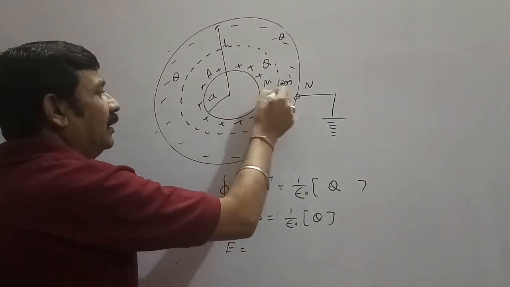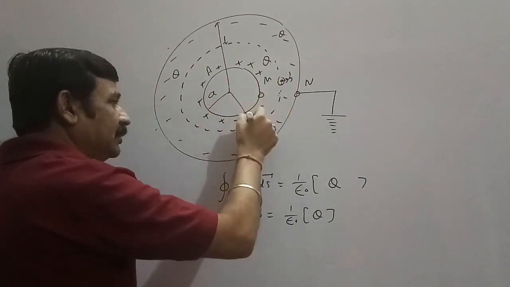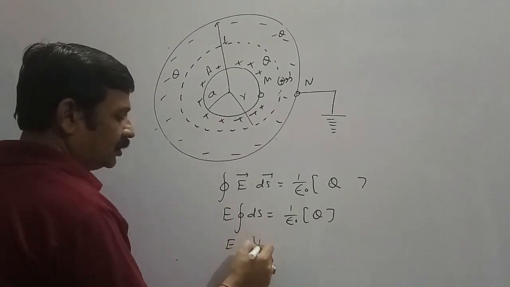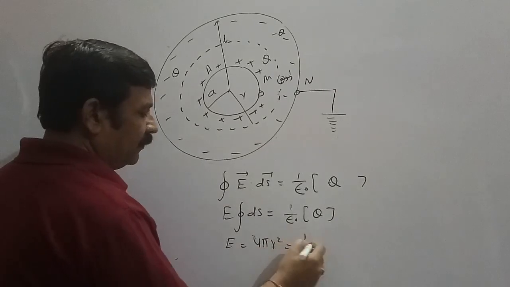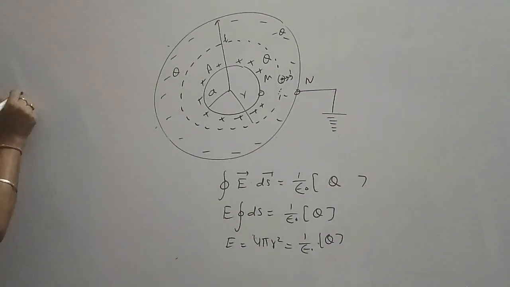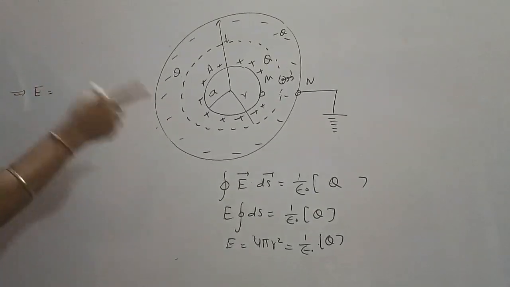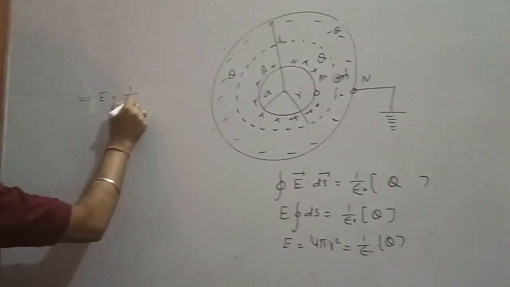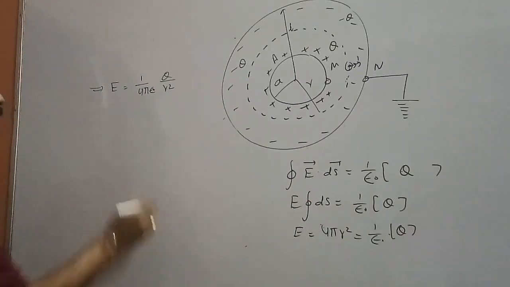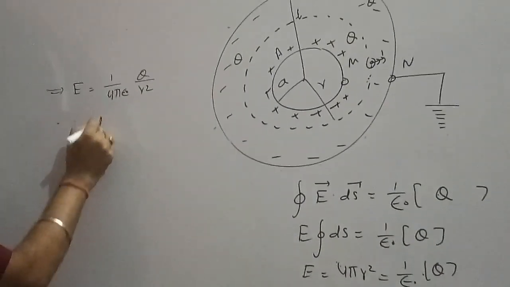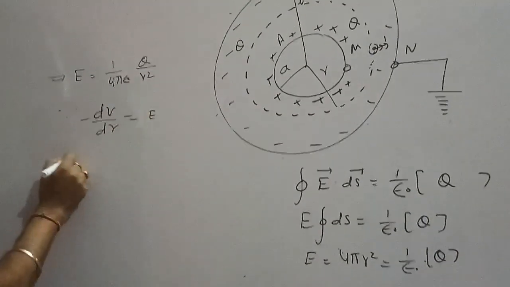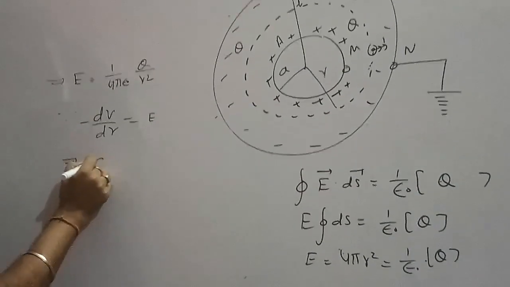This sphere has radius small r, so the surface area will be 4 pi r square. So E times 4 pi r square equals 1 upon epsilon naught into Q, which implies that the intensity near the assumed Gaussian sphere will be 1 upon 4 pi epsilon naught Q by small r square.